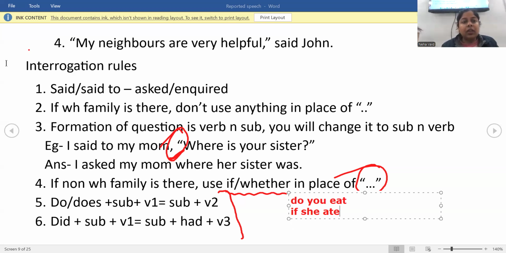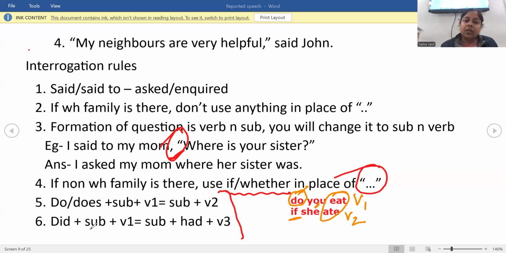So what I have done, I have removed do from my place, and you changes as per the pronoun. It can be anything, and eat, V1, changes to V2. And why I have used if, because this was a non-WH case.